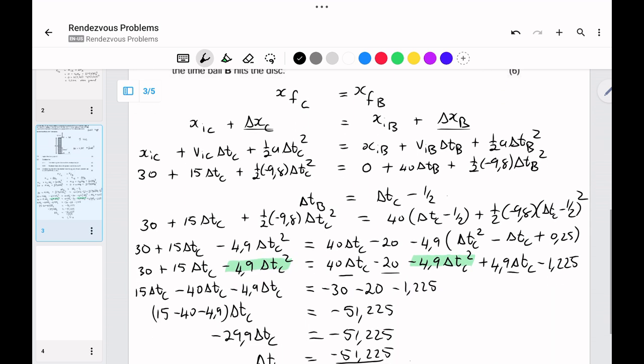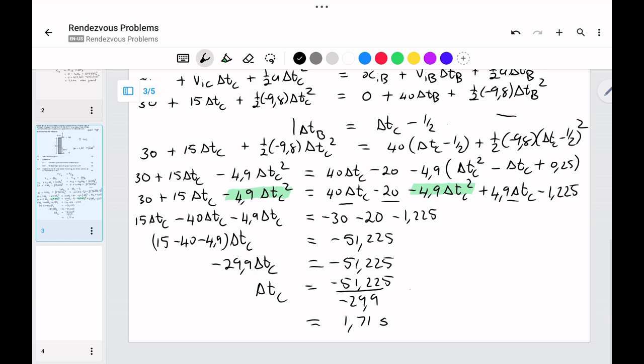That is why over here I chose to isolate delta TB instead of delta TC, so that here on the right hand side I could eliminate delta TB in favor of an expression in delta TC.